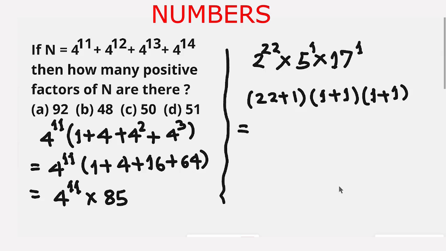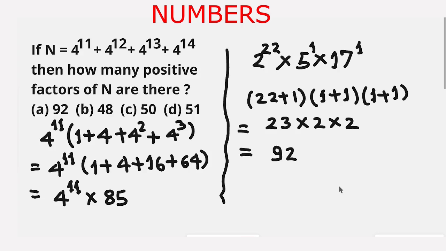This is equal to 22 plus 1 is 23, multiplied by 1 plus 1 is 2, multiplied by 1 plus 1 is 2. Now 23 multiplied by 2 is 46, and 46 times 2 is 92. So we write equal to 92.